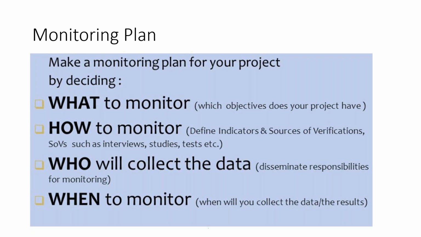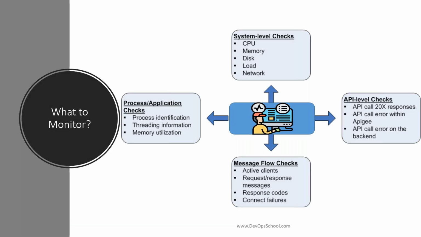Who will collect the data means some sort of agent for the monitoring, or someone responsible for monitoring. And when to monitor means when you collect the data and the results. These are the primary things you ask during the monitoring plan.